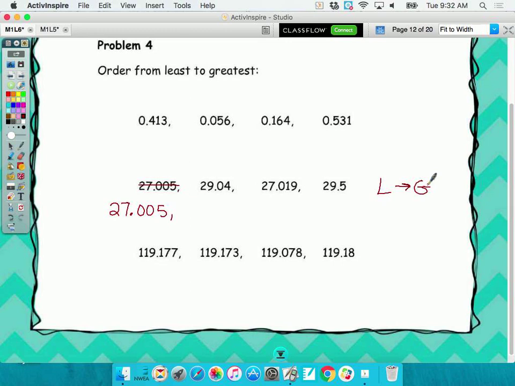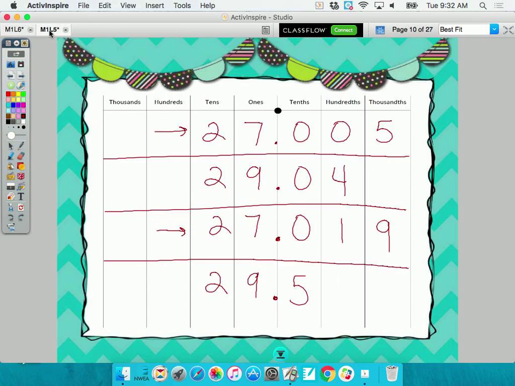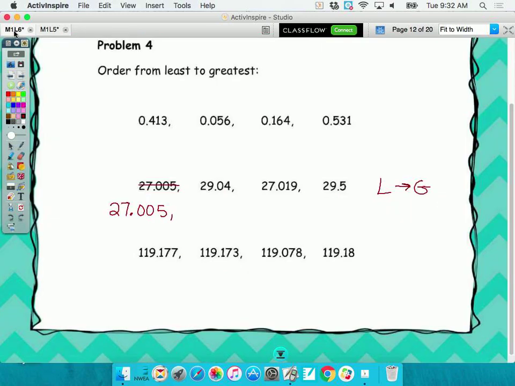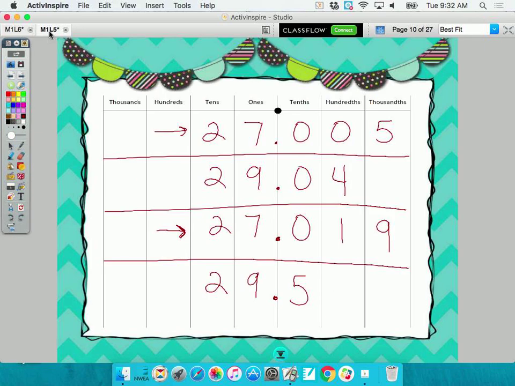All right, going back to my place value chart. My guess is the next number is the other whole number of 27. Am I right? Okay. So 27 and 19 thousandths. Back to the place value chart. Now I'm ready for the 29s.